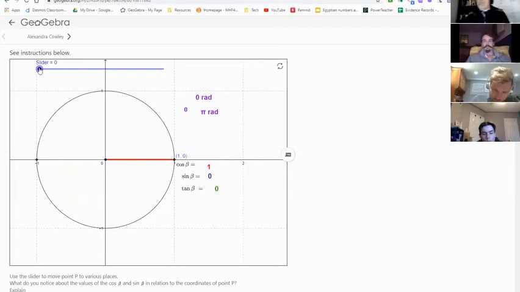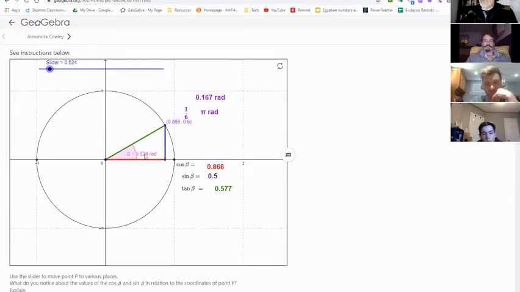So we're going to connect this to our next bit of learning, which is what happens when we start graphing these things. So in other words, imagine that on the x-axis, we are going to have the measurement of an angle, of all the angles possible. And on the y-axis, we're going to have either the sine or the cosine value.